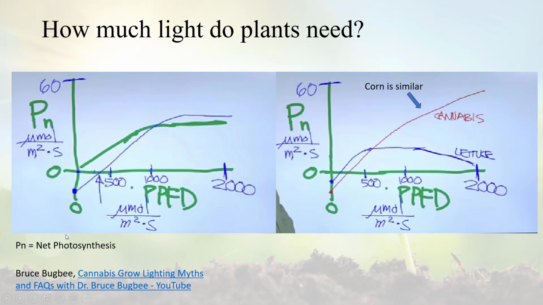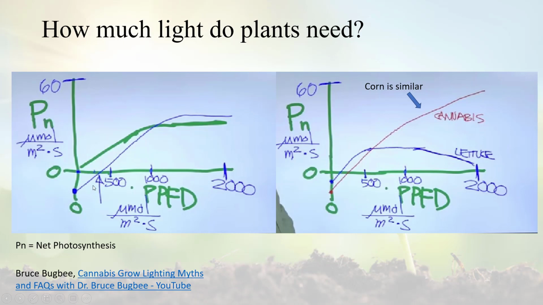We can look over here on the left, which is a general curve for most plants. On the x-axis, we have our PPFD, the photosynthetic photon flux density, in micromoles per meter squared per second. And over here, we have net photosynthesis.